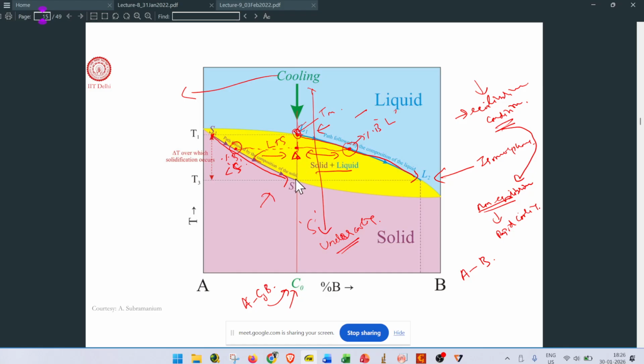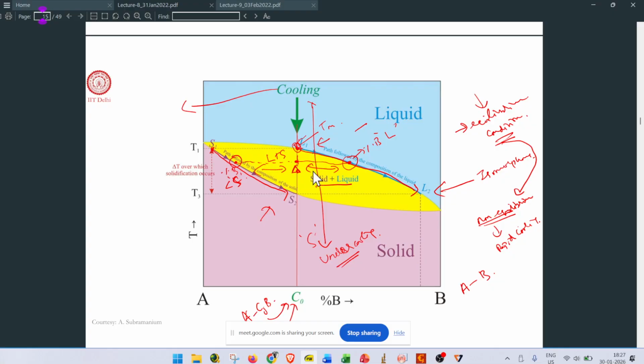So it will take some time to get solidified. That's why there is a transition zone where we can find both solid plus liquid. Okay, so if there is solid plus liquid, how are the grains actually forming? Okay, from a microstructural point of view, how will the grains be formed?